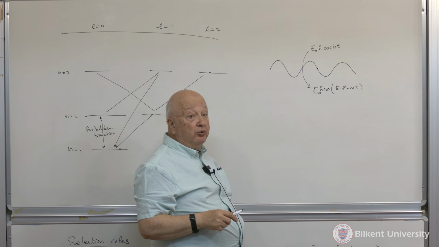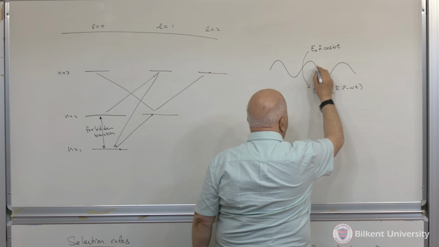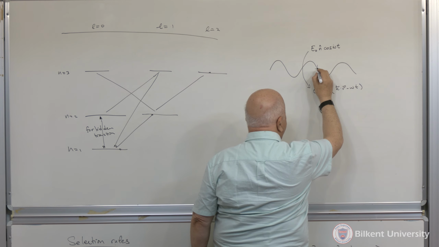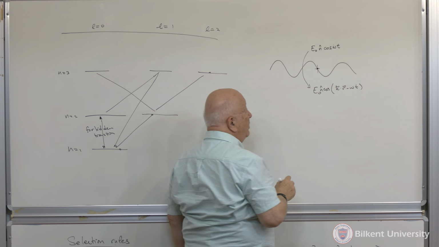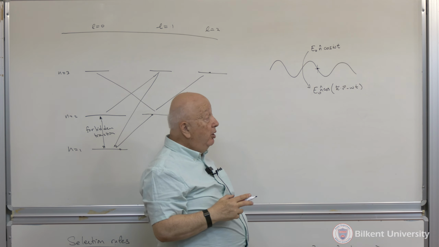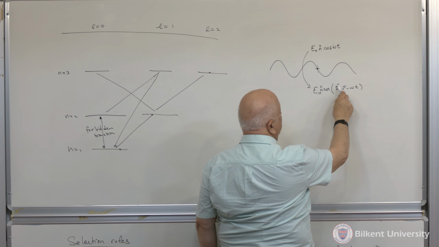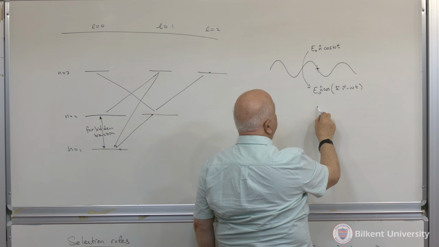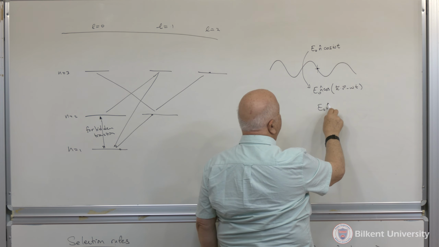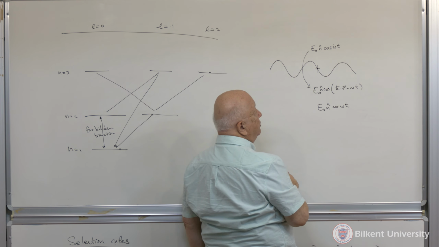Now, our atom is here, so we can put the origin over there, and the size of the atom r is so small that we neglected this first term. But now we can make an expansion around small r, so this is going to be E0 n cosine omega t when r is 0.